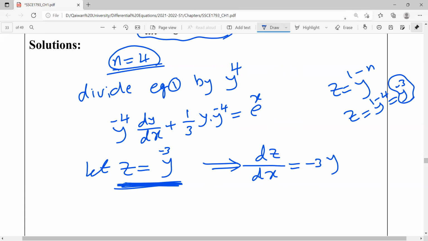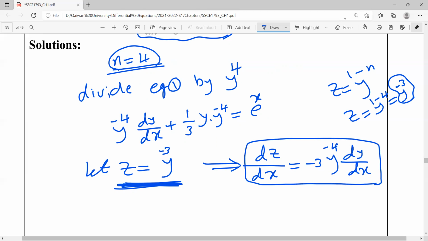So it's minus 4. Then multiplying by the derivative of the function of y, which is dy by dx. This is dz by dx. But here I said we must divide both sides by this number, only the number. We divide both sides by minus 3.